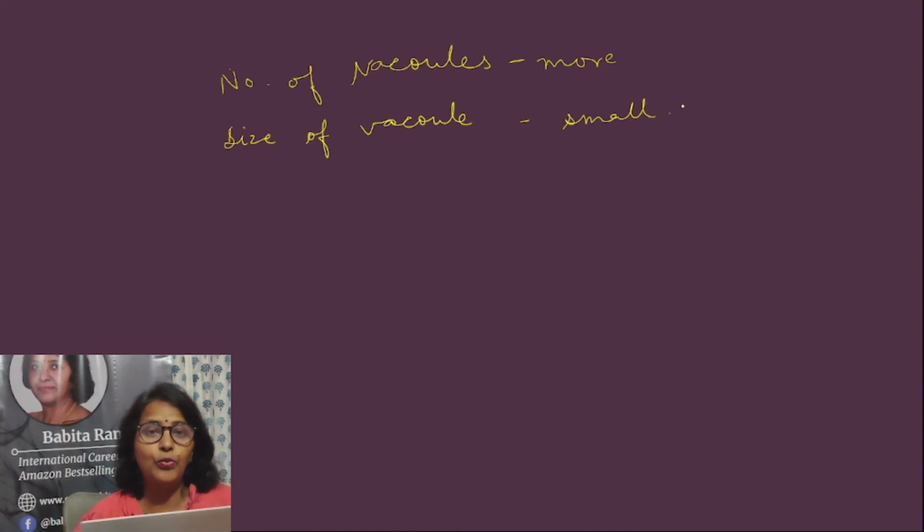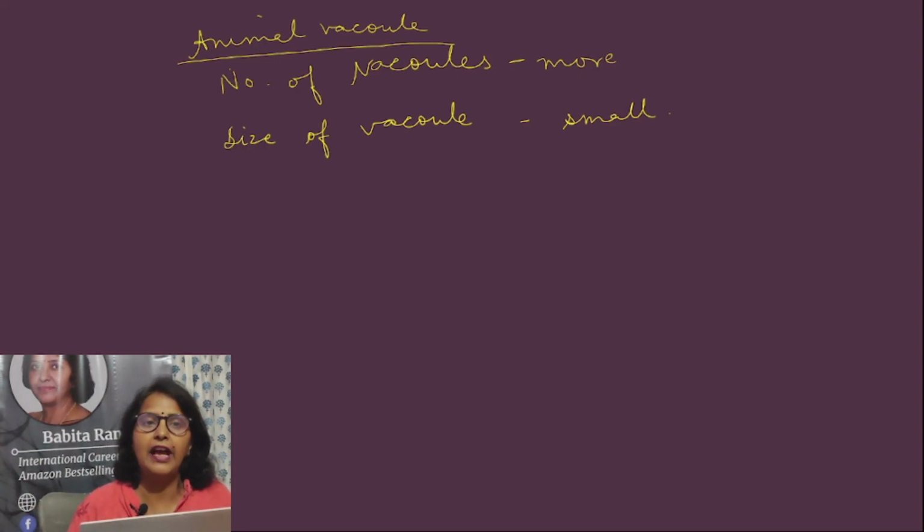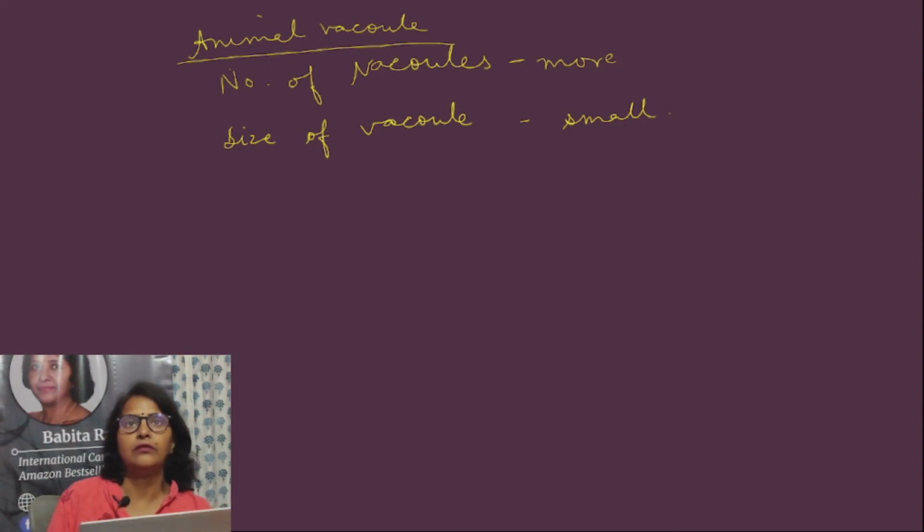So these are two basic differences between plant vacuole and animal vacuole. The vacuole may or may not be present in an animal cell. It is not necessary that it will have a vacuole. So this is all about vacuoles.